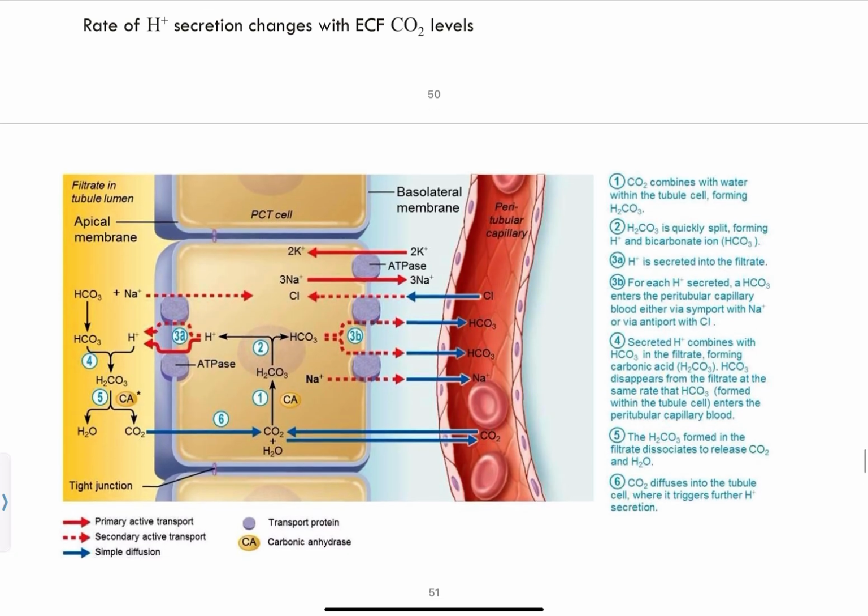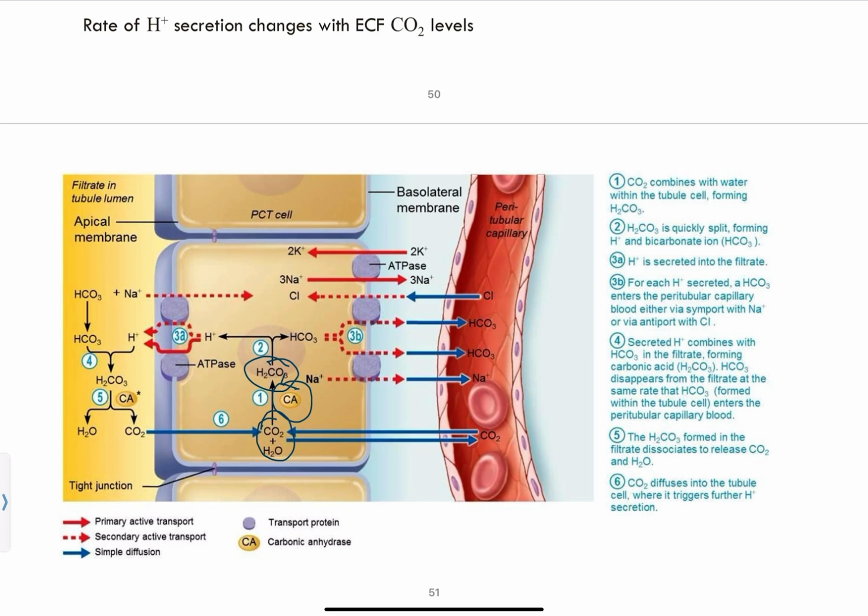Again, we've already talked about the bicarbonate buffer system, but we'll just keep it going here. Make sure you take a look at this. What this is showing you, if we start at 1, is carbon dioxide combining with water in our cell like we've seen 1,000 times before. Carbonic anhydrase is going to convert these into carbonic acid.